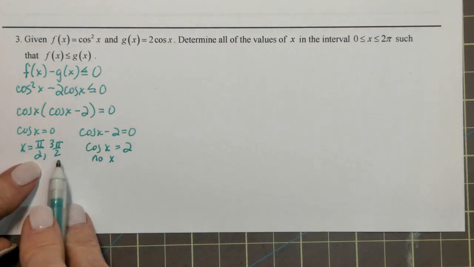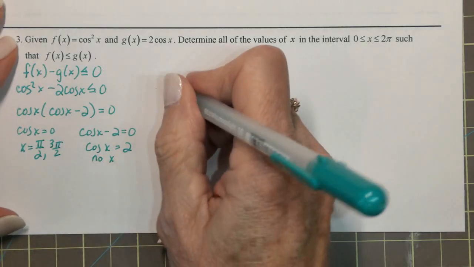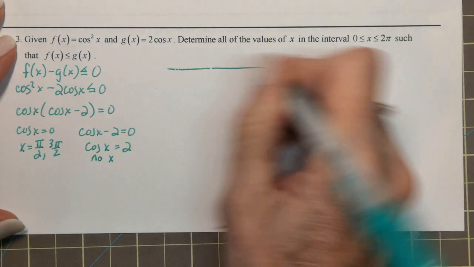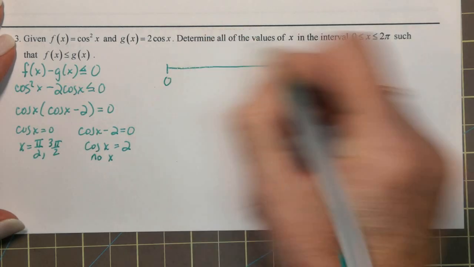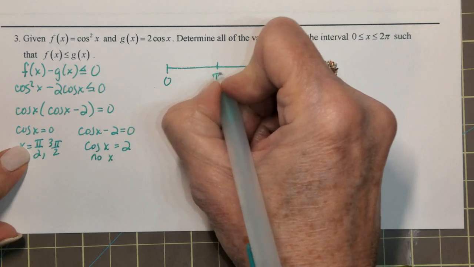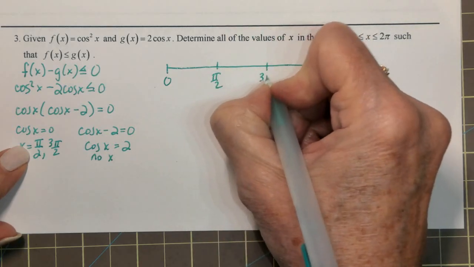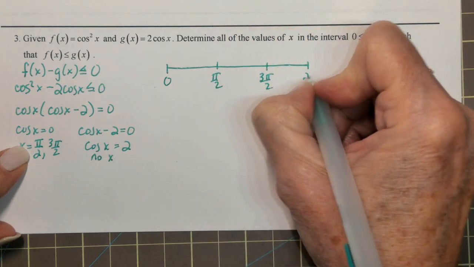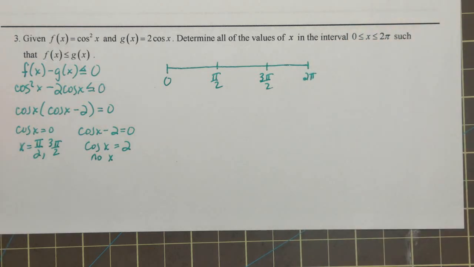So the only 2 x's that make it true are pi over 2 and 3 pi over 2. So those are the 2 that I'm putting on my sign chart. I'm starting at 0 because they told me to. Pi over 2, 3 pi over 2, and 2 pi, ending at 2 pi.